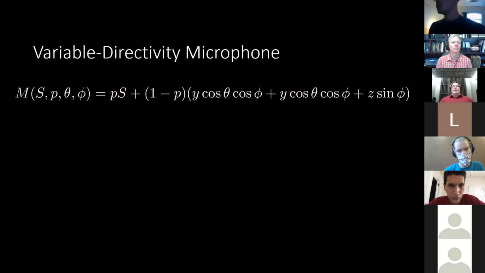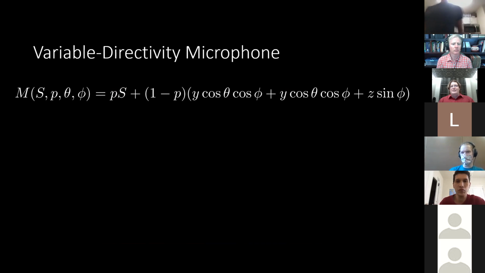So, variable directivity microphones. This is one of my favorite techniques, and that fun equation staring at you is how you get a microphone of some arbitrary polar pattern out of a sound field. And this is why we have computers. So what you're looking at is these four variables.